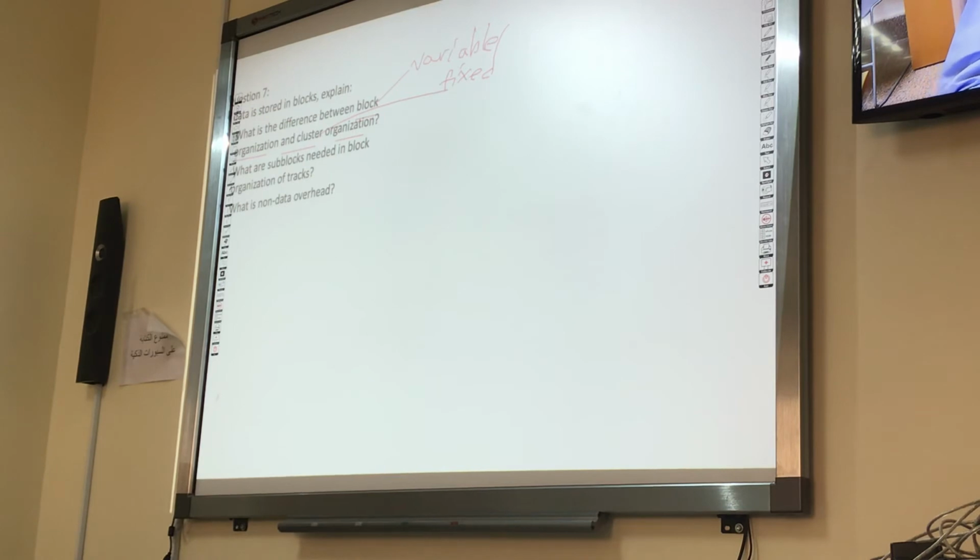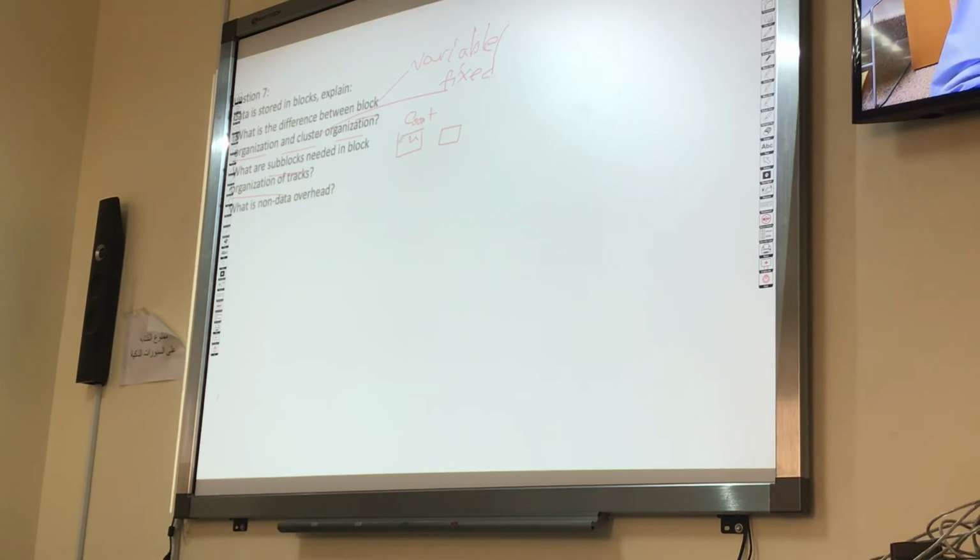Alright, what are subblocks needed for in the block organization? I mean, why do we need subblocks? So you need to put a start block which has the count. It's called a count block, which has to tell how big this block will be. Otherwise, how will we know which data belongs to one block? And you also put a data parity check or some sort of control block, which tells some property of the data.